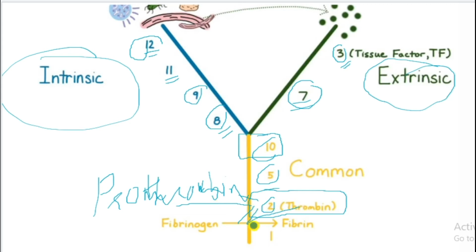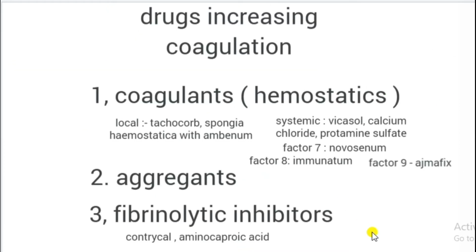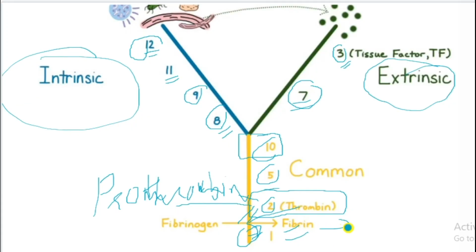Okay, this thrombin will convert the fibrinogen into fibrin. Did you understand? This is how clotting works. This fibrin acts as a meshwork or network, and prevents the blood flow or hemorrhage.